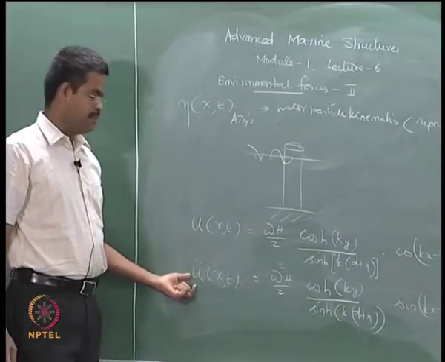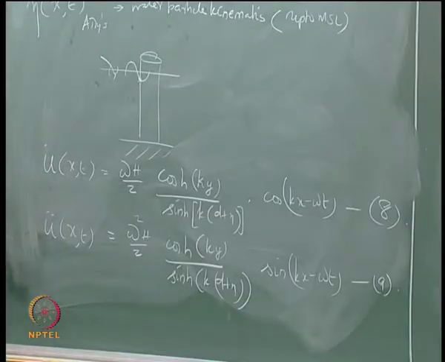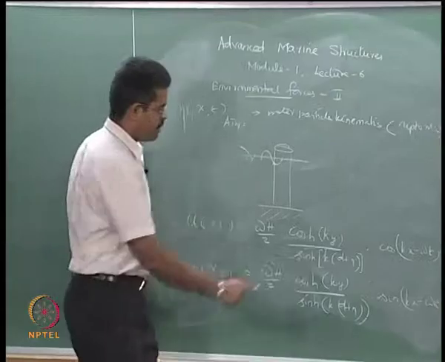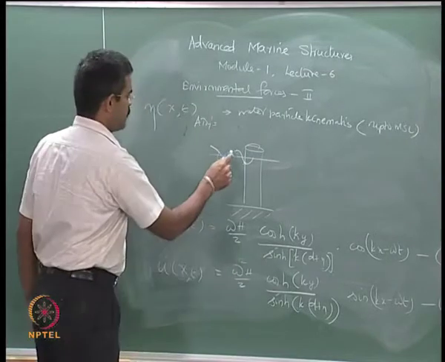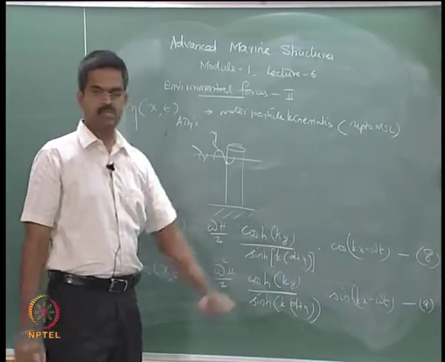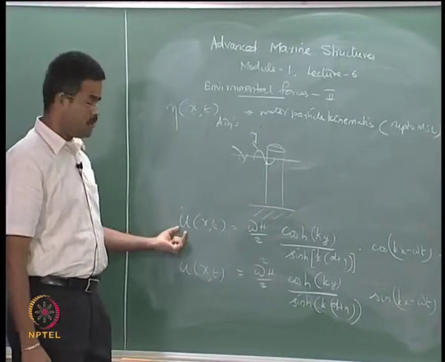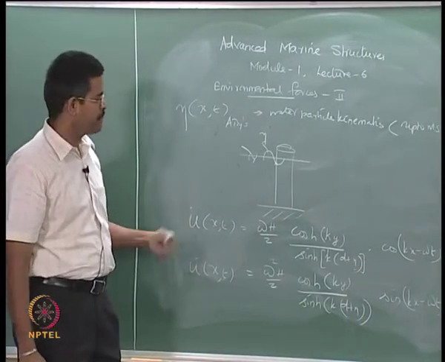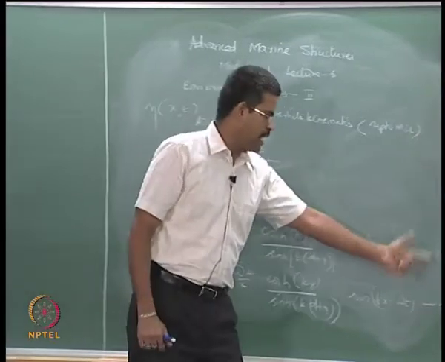This is nothing but the derivative of this, it is acceleration. You can see here that eta, which is the sea surface elevation, is also accounted for in the modification suggested by Chakravarti on the kinematics. So we will call these equations number 8 and 9.